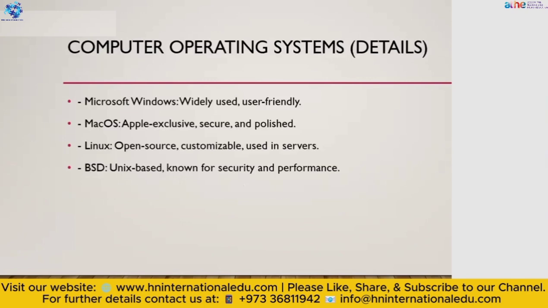In our computers, there are different kinds of operating systems. First of all we have Microsoft Windows. The company Microsoft made Windows for us. It is widely used, almost everyone uses Windows. It is user friendly. What does user friendly mean?